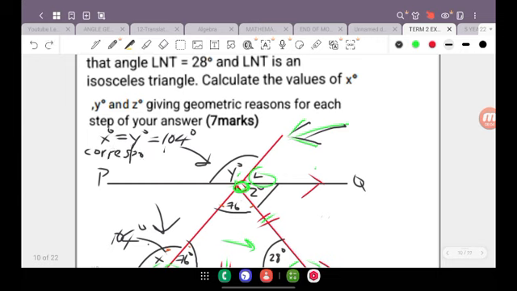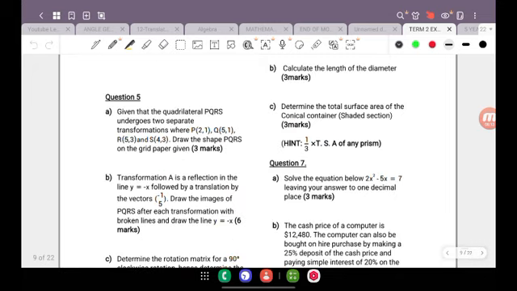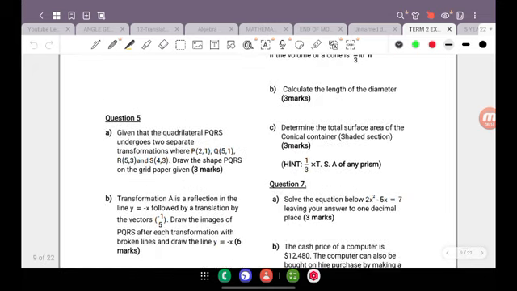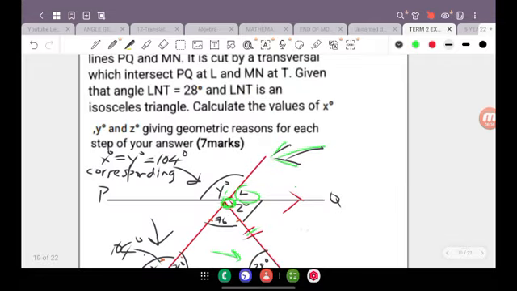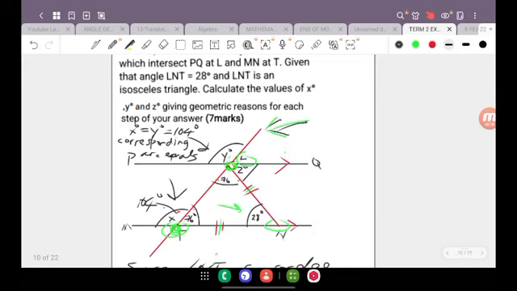So we can safely conclude that corresponding angles are equal. You guys would write out a better statement. I'm running out of space here, but you get the idea. So that's the reason why angle Y is equal to 104.